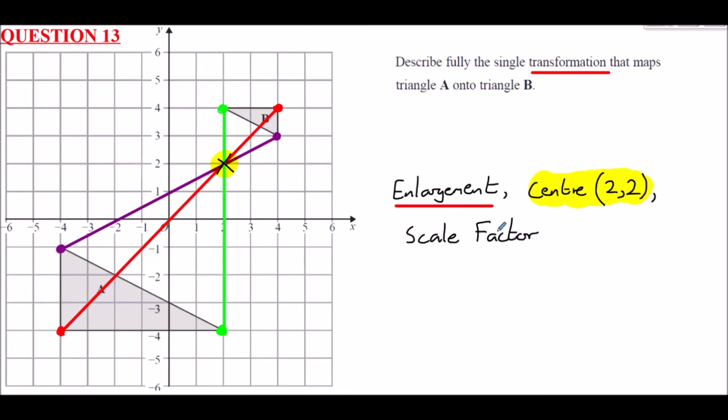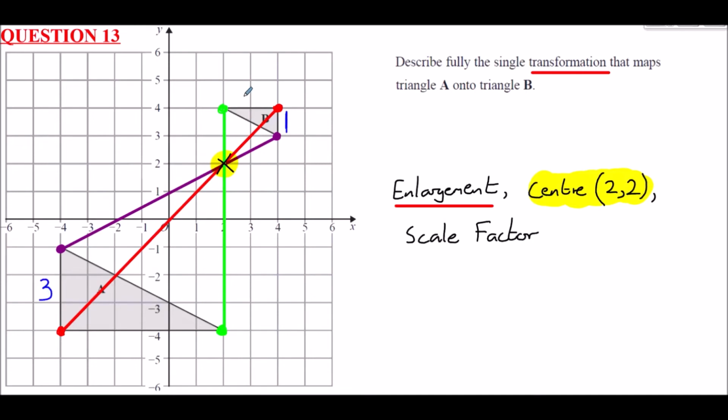So first of all, we can see that to go from A to B, the shape has got smaller. So it's quite weird to think of it as being an enlargement when it can get smaller. So all we need to do here is to consider what fraction of the original size it's become. So if I just pick this side here, that's side 1, its original corresponding side had a length of 3.